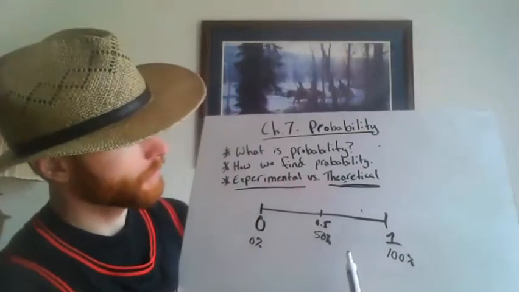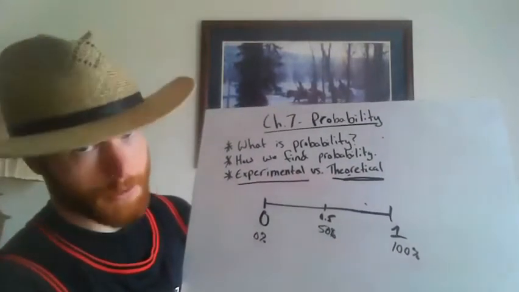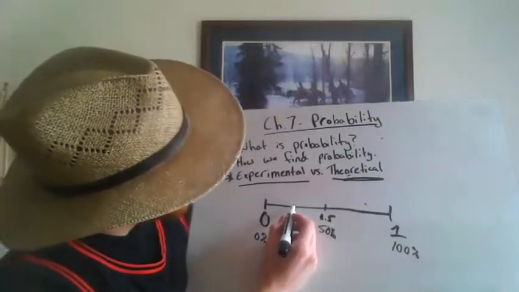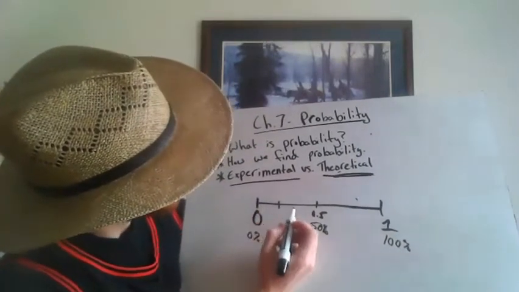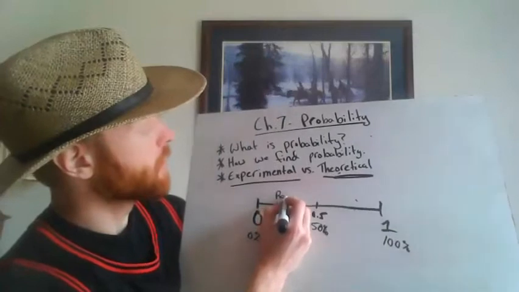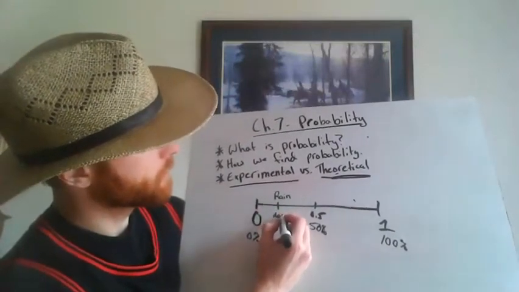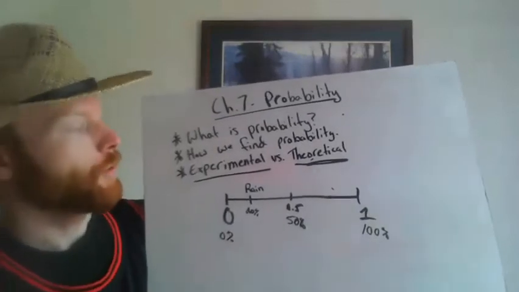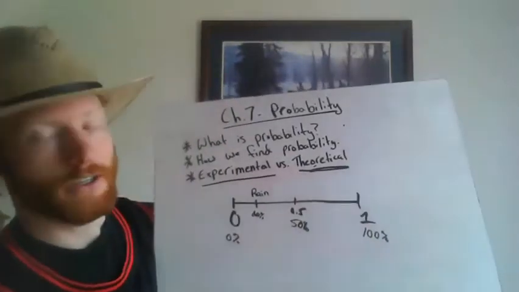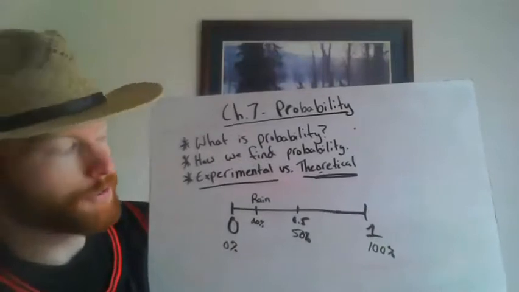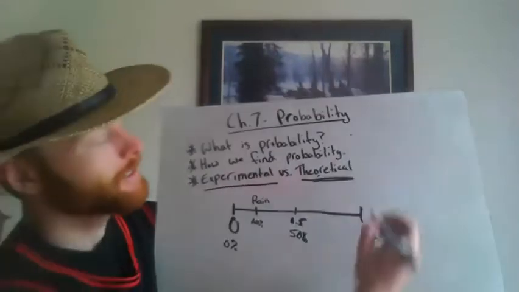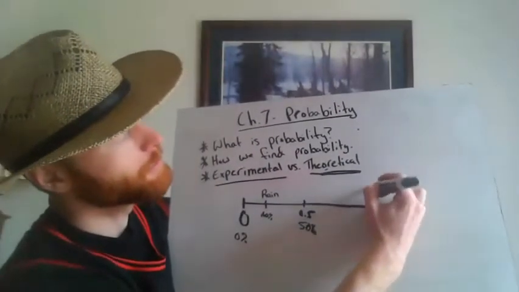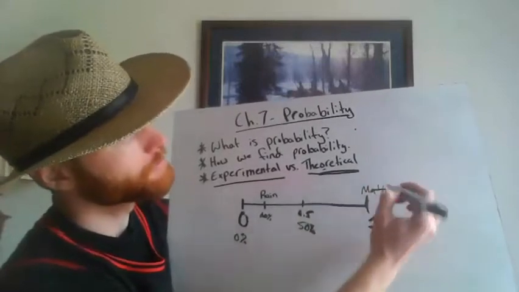So, if there's a 20% chance it's going to rain today, we're going to be about here on the number line. What is the probability that you're going to have a math assignment this week? That's 100%. So right here, we got math assignment.